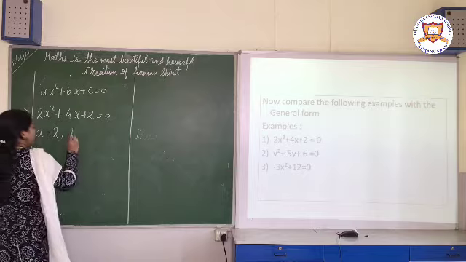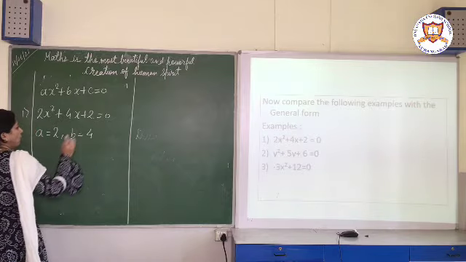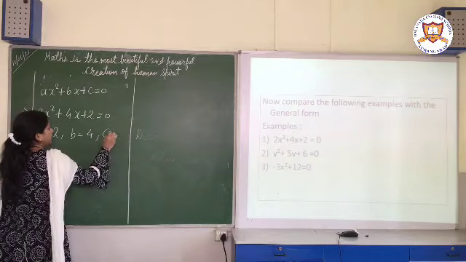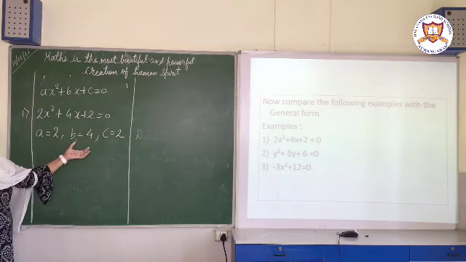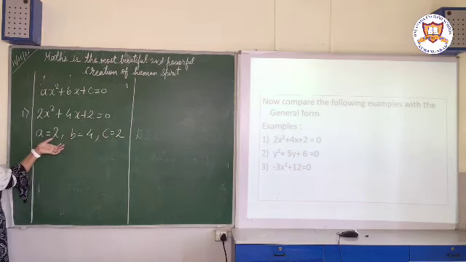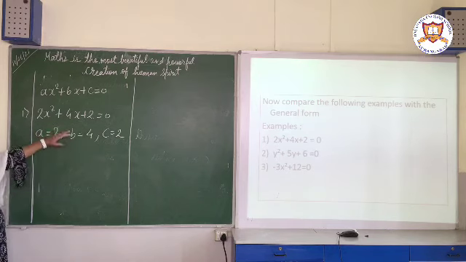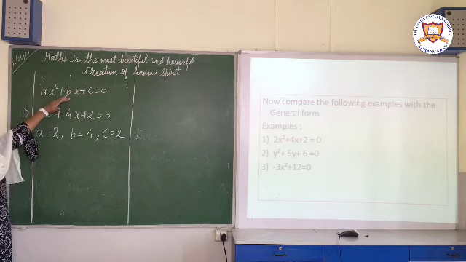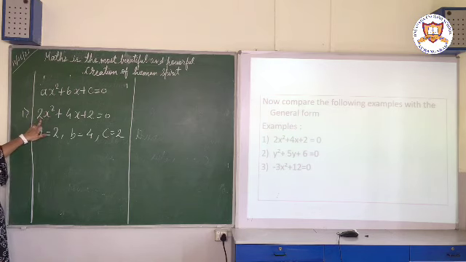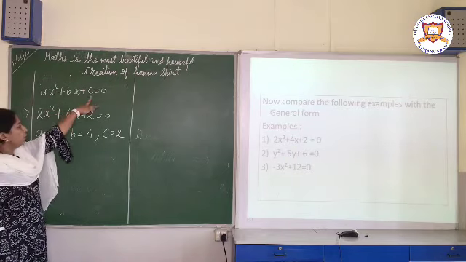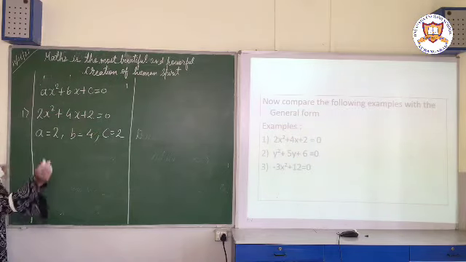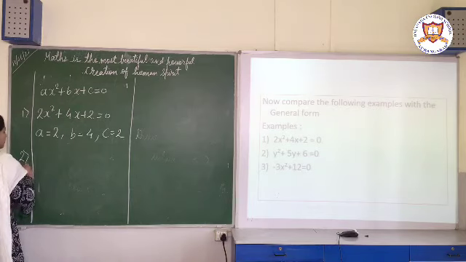The value of B will be 4 and the value of C will be 2. We have already done it for the linear equation. Now we are doing it for quadratic equation and we are comparing this expression with this standard form. So if you see, the value of A is 2, the value of B is 4 and the value of C is 2.